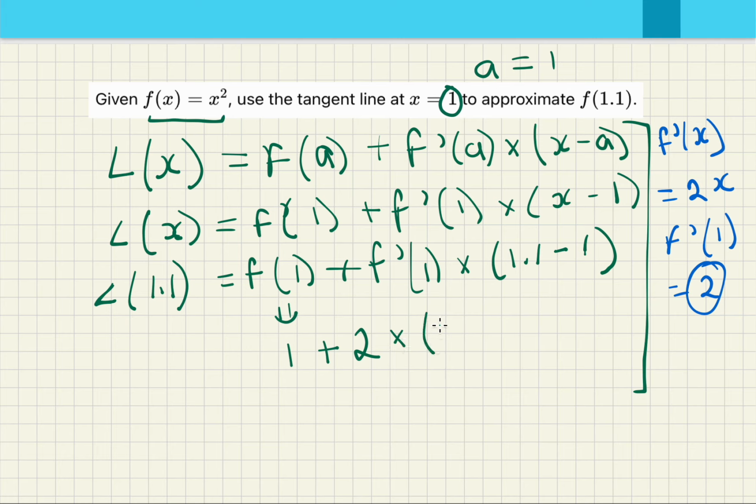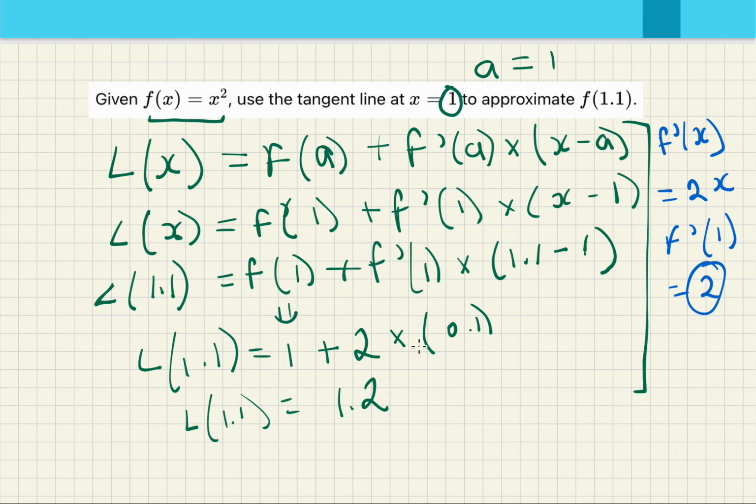Now all we need to do is subtract 1.1 and 1, and we get 0.1. Plugging in this part, our value is simply 1 plus 2 times 0.1, which is 0.2, plus 1, which is 1.2.